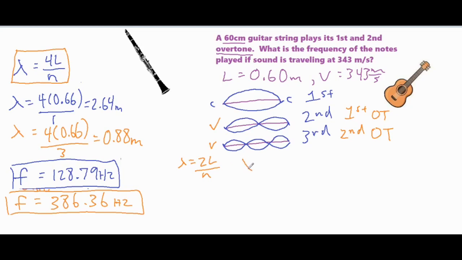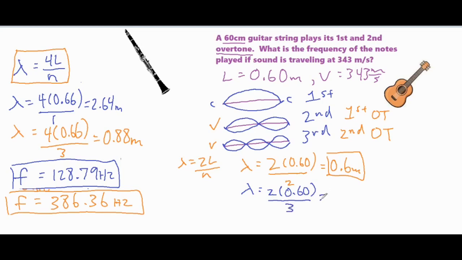So for the first one, the wavelength equals 2 times 0.60 divided by 2, and the 2's are going to cancel, and the wavelength would be 0.6 meters. And then for the second one, our wavelength is 2 times 0.60, and the second overtone is the third harmonic, so divided by 3, and that's going to give us 0.4 meters.